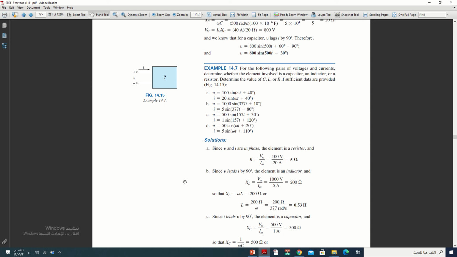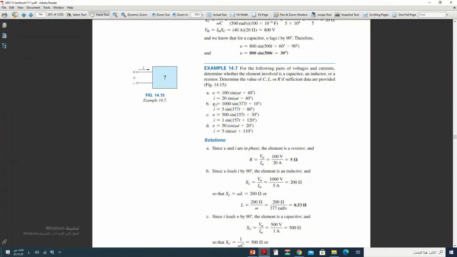Next, the voltage is 1000 sine 377t plus 10, and I equals 5 sine 377t minus 80. What's the shift between them? It is 90 degrees. But we need to know who leads or lags. Plus 10 means minus 10. The curve of the voltage starts from minus 10 and the curve of the current starts from 80.